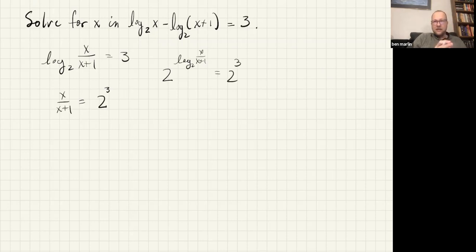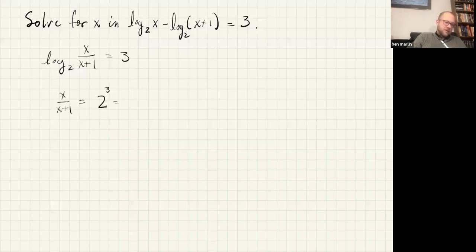Those would be exactly equivalent things to do. It's just that at this point, you'd have to say, aha, that turns into this because your logarithms cancel each other out. So either way you want to write it, totally fine to do there.